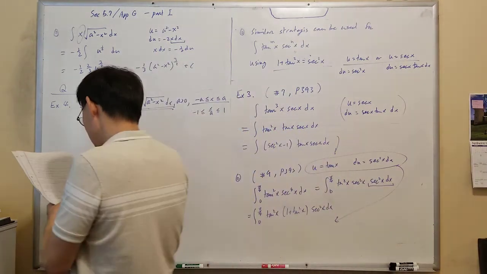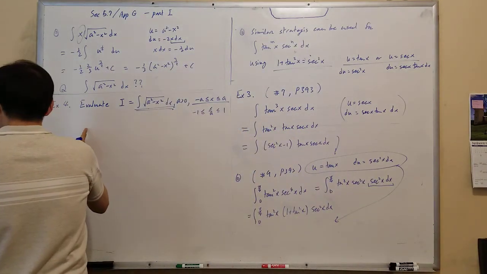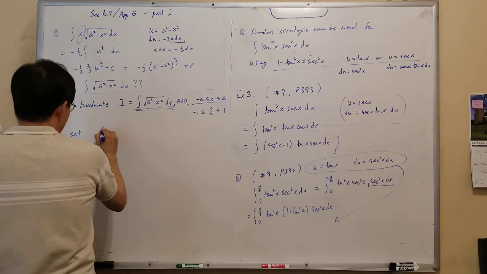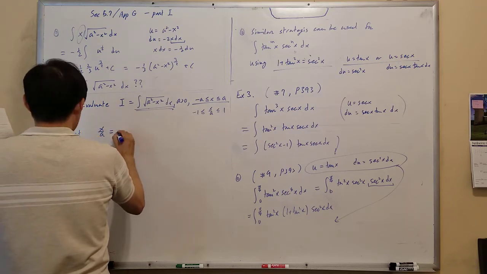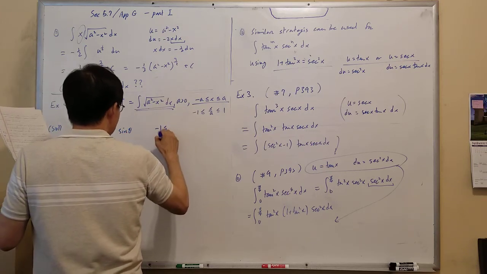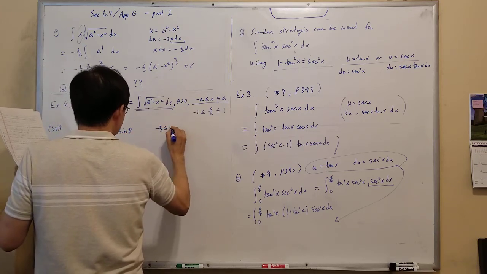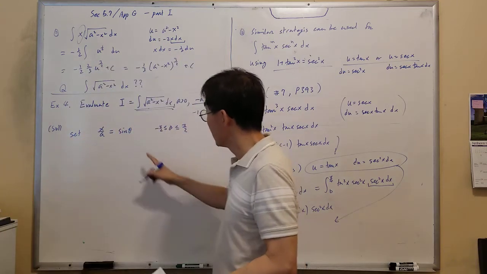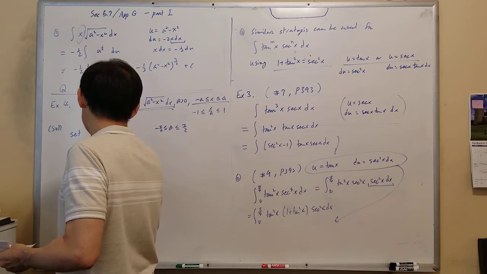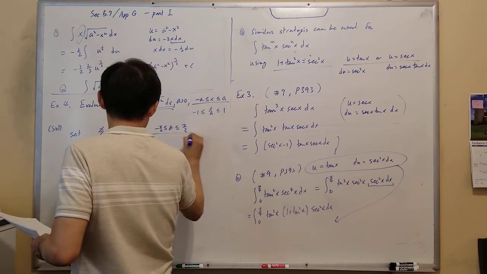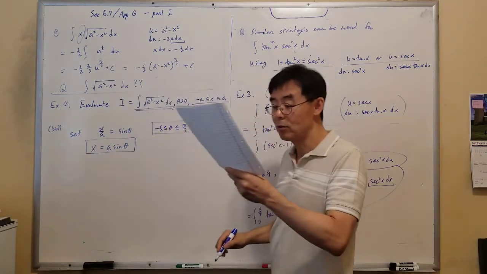So, because of that, set x over a to be sine theta. Now, theta is between minus pi over 2 and pi over 2, right? Now, this means that x equals a sine theta. Okay? Between minus pi over 2 and pi over 2.